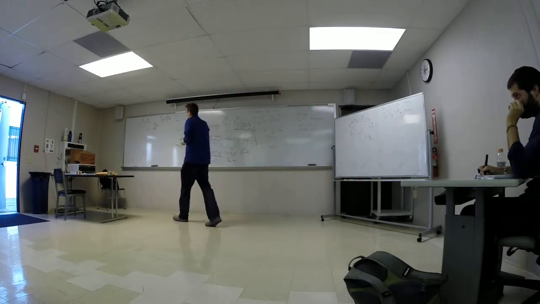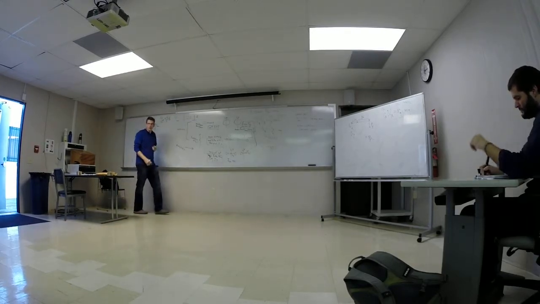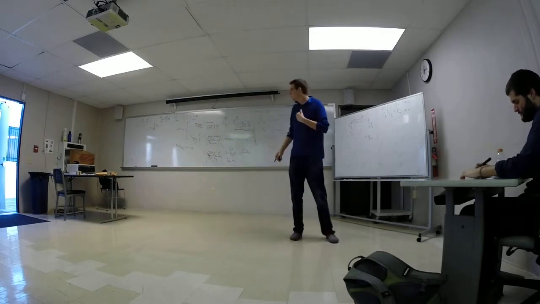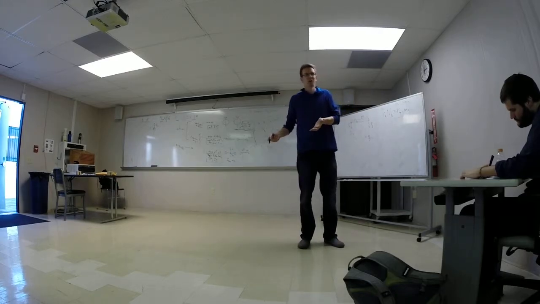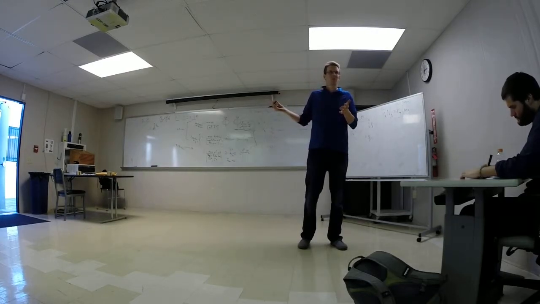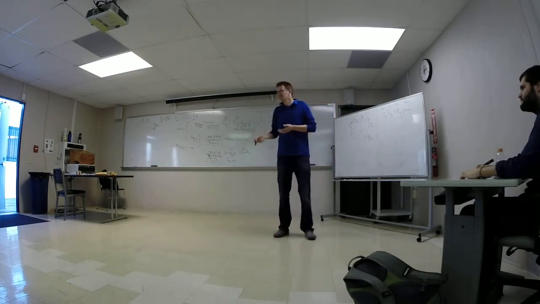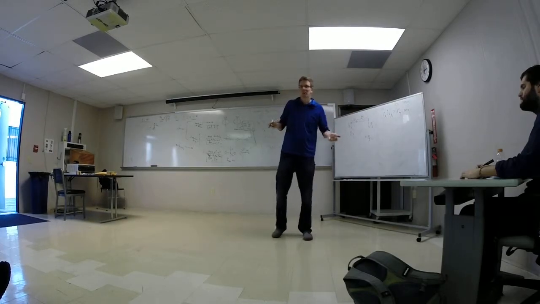Oh, I forgot to give you the radius of the circle, so the radius is r. So I'm going to apply a force tangentially to my mass. Why tangentially? Well, if it was some random direction, I'd have to throw out the component that wasn't tangential anyway, right? Only tangential components can make it go faster or slower in a circle.